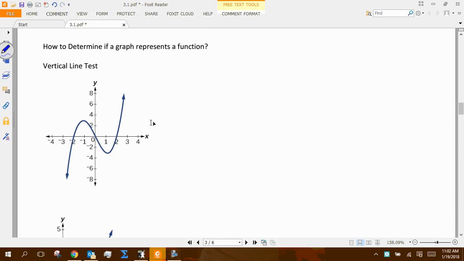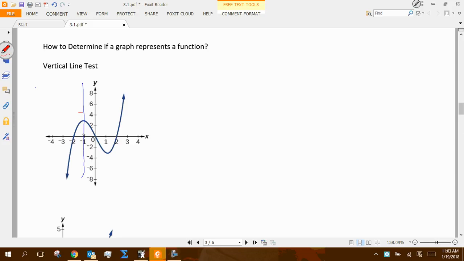What the vertical line test says, basically, is if I take that line right there and I just start sliding it through my graph, I'm just going to put it right there. Actually, let me go to a whole number, right there at -1.